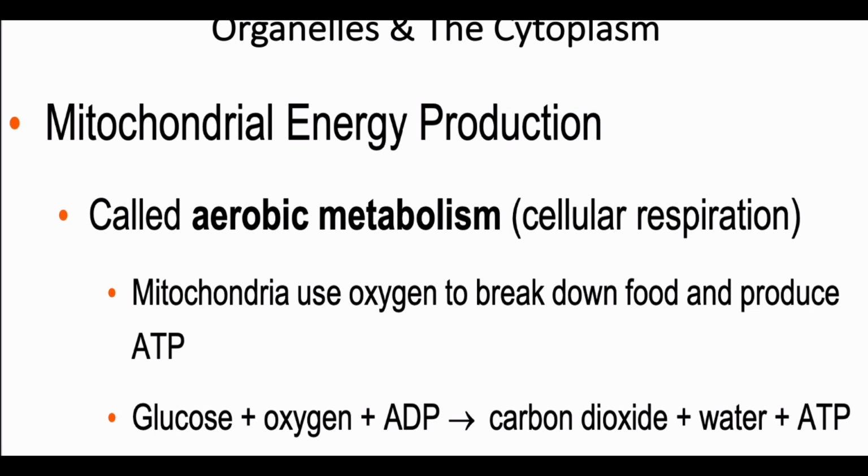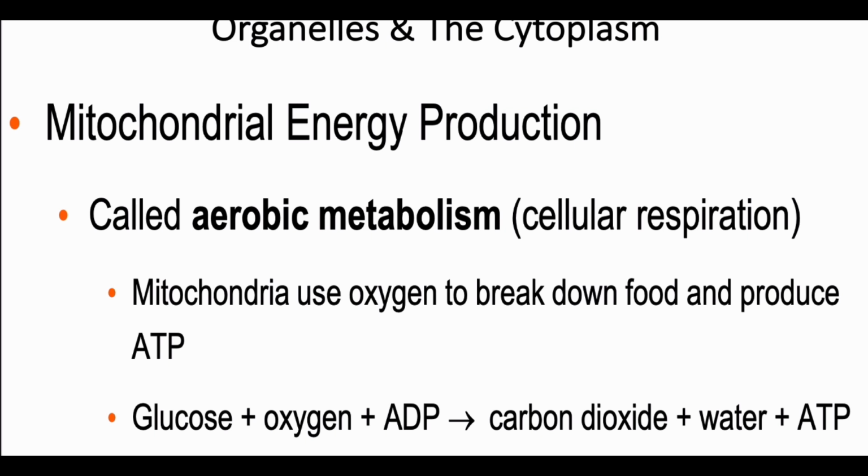So continuing with the mitochondria, the energy production process can occur in one of two ways. It could be either aerobic or anaerobic.